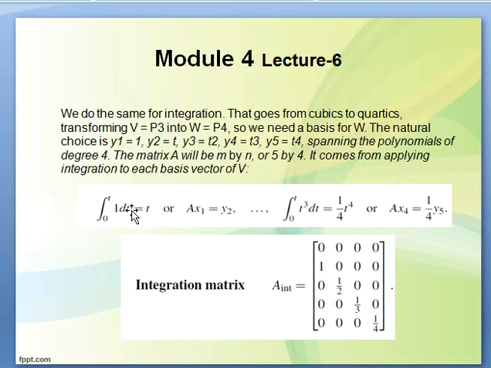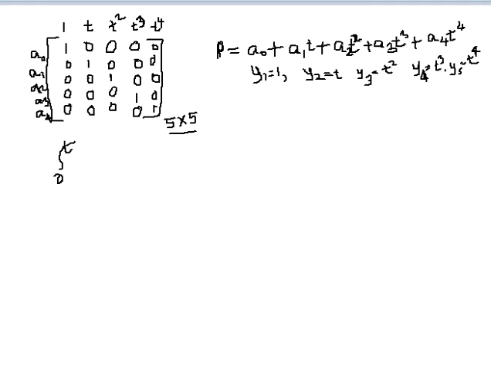Now 1 into dt is t. The integration of the second one, t into dt, is equal to. In that way we need to go ahead, integrating from 0 to t each of these, y1 dt, y2 t dt.